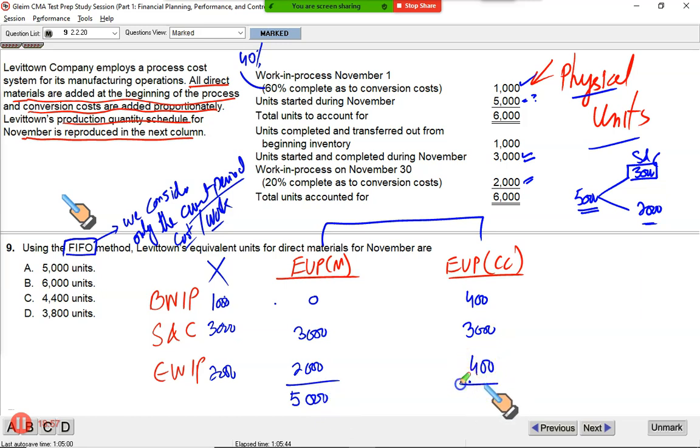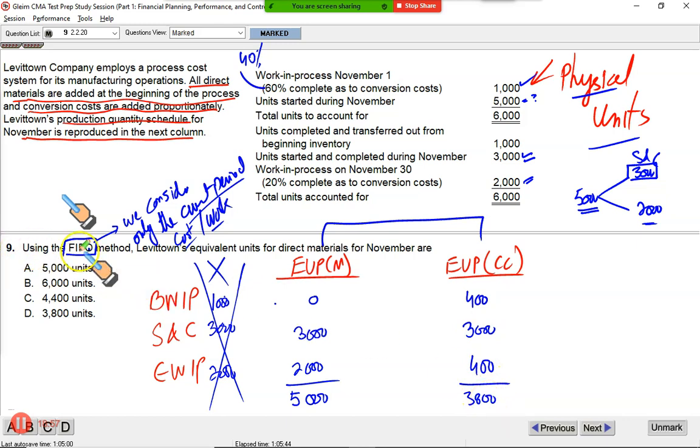Under FIFO, the equivalent units of production of conversion cost is 400 plus 3,000 plus 400, that is 3,800. So yes, physically they are 6,000 units, 1 plus 3, 4 plus 2, 6,000. But from the material point of view, our imaginary assumed material units will be considered 5,000. We will consider this for calculation, not this. And for conversion cost, there are just 3,800 units for calculation purposes under FIFO.